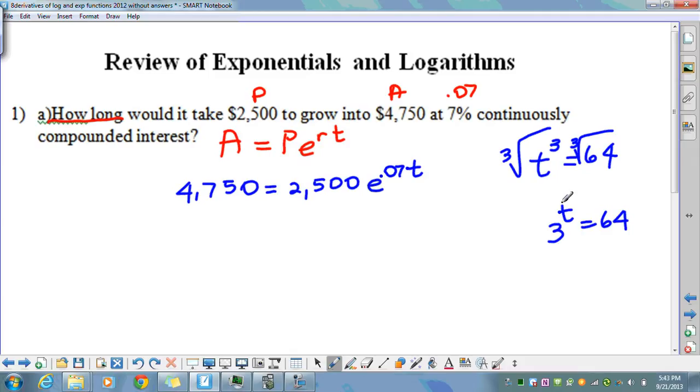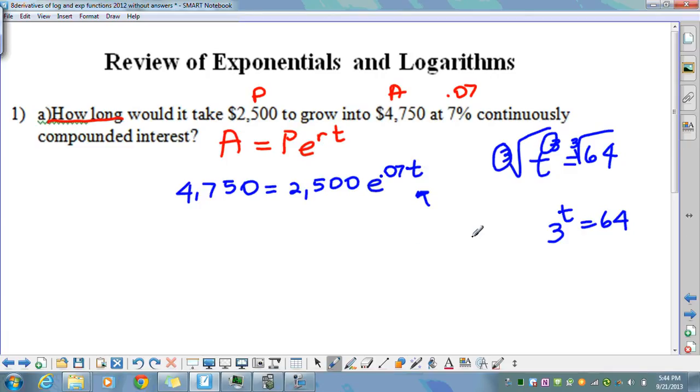The only time you do a cube root is when you have a third power and you're trying to get rid of that, so you apply the 1/3 power or cube root. But when you have a power of t, the only way we know how to solve equations like that is applying logarithm to both sides. So same idea here. The unknown appears in the exponent, and the only way we can solve for the unknown in the power is by applying logarithms.